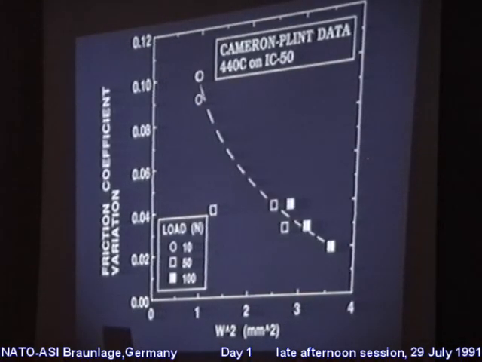However, with the Cameron Flint machine, there seems to be a variation in the friction coefficient range that decreases as the track width increases. And this is essentially a cross plot. You see the same thing with load. So we can talk about how to plot them.